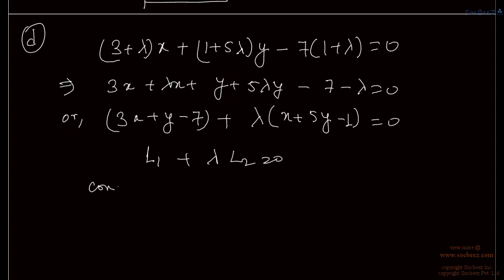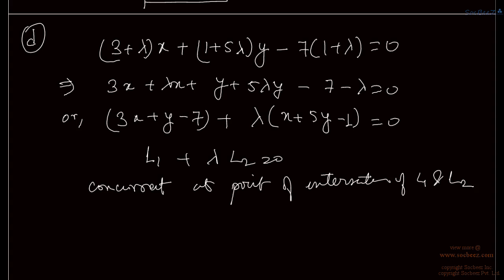These lines must be concurrent at the point of intersection of L1 and L2. So we have to solve these two equations: 3x plus y minus 7 equal to 0, equation 1, and x plus 5y minus 1 equal to 0, equation 2.